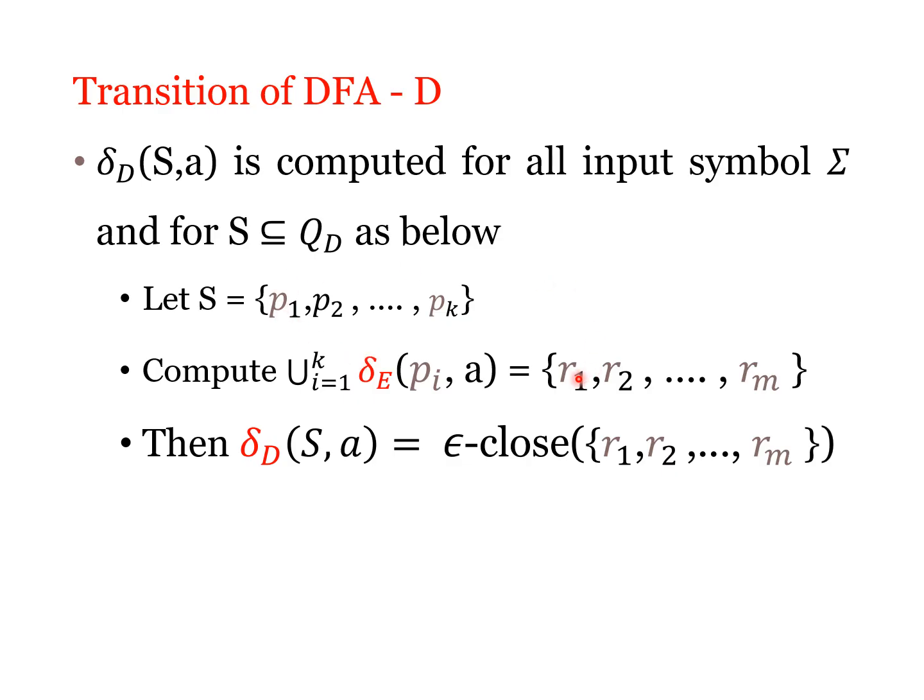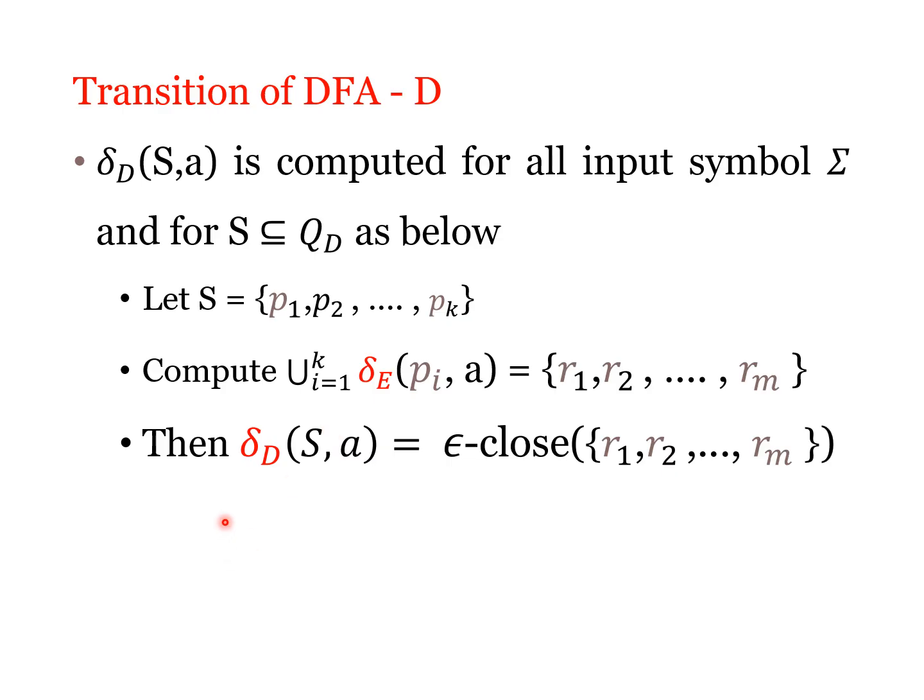If it goes to R1, then take that R1. With state P2 with input symbol A in epsilon NFA, if it goes to R2, then take R2. Likewise, you get R1, R2, etc. up to Rm. This is the set of states you obtain in epsilon NFA on input symbol A from this set of states P1, P2, etc. up to Pk.